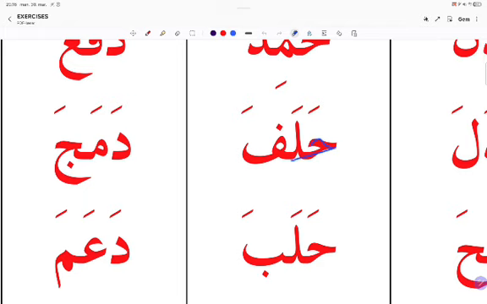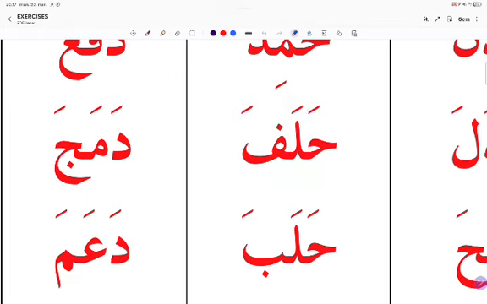This looks like the head of ha, kha, jim. It doesn't have a dot above or below, so this must be ha. Ha, fatha, ha. What is this? This could be alif or lam.